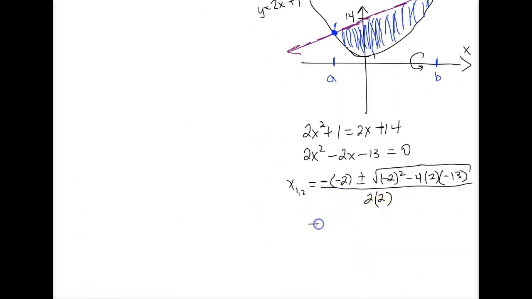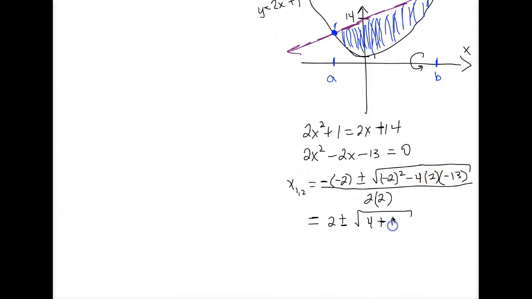All right, so from here, this is just going to be 2 plus or minus the square root of negative 2 squared, which is 4. And we have a negative times a negative, so that's plus. Here we have 4 times 2 is 8, and then 8 times 13 gives you 104.